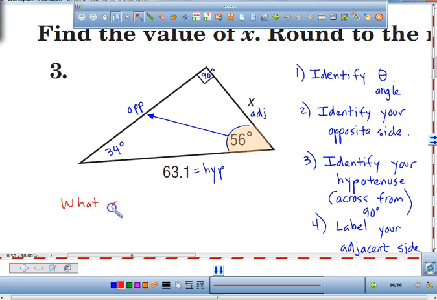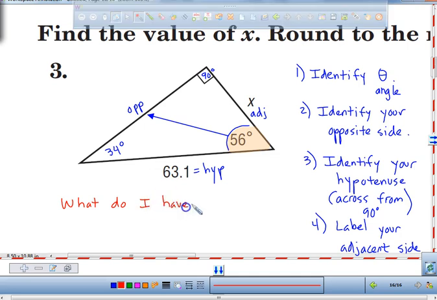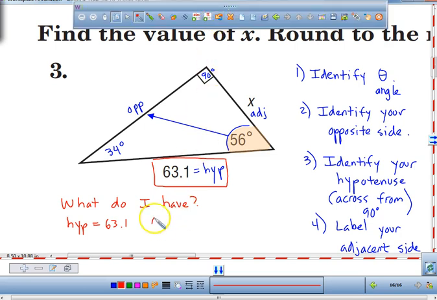What do I have? Well, what do you have? It looks like we have the hypotenuse, right? We have the hypotenuse, which is equal to 63.1. What else do I have? I have theta, right? And what is theta equal to? 56 degrees.